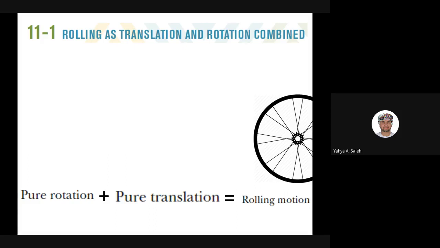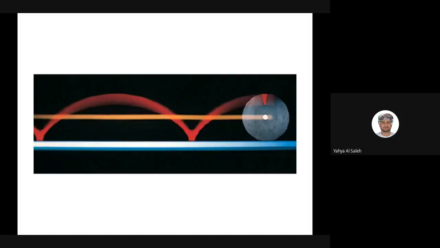First thing first, we give it a name and we call it rolling motion. Okay, it's rolling. There is rotation and there is translation. Now, if I want to trace what happens, the center of it while it's moving is going in a straight line.